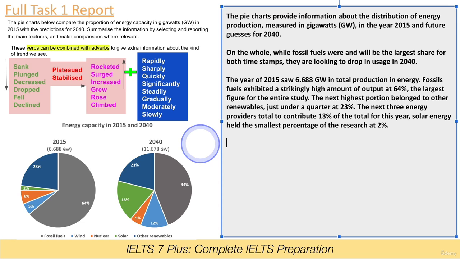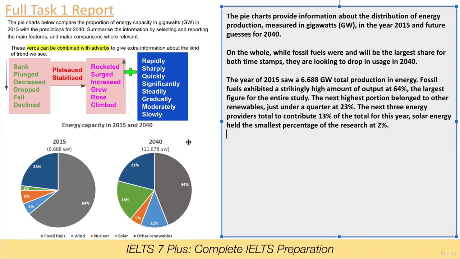Okay, let's read this back and see how it's sounding. The year of 2015 saw 6.688 gigawatts in total production in energy. Or maybe saw a 6.668 gigawatt total production in energy. I think that's better. Fossil fuels exhibited a strikingly high amount of output at 64%, the largest figure for the entire study.